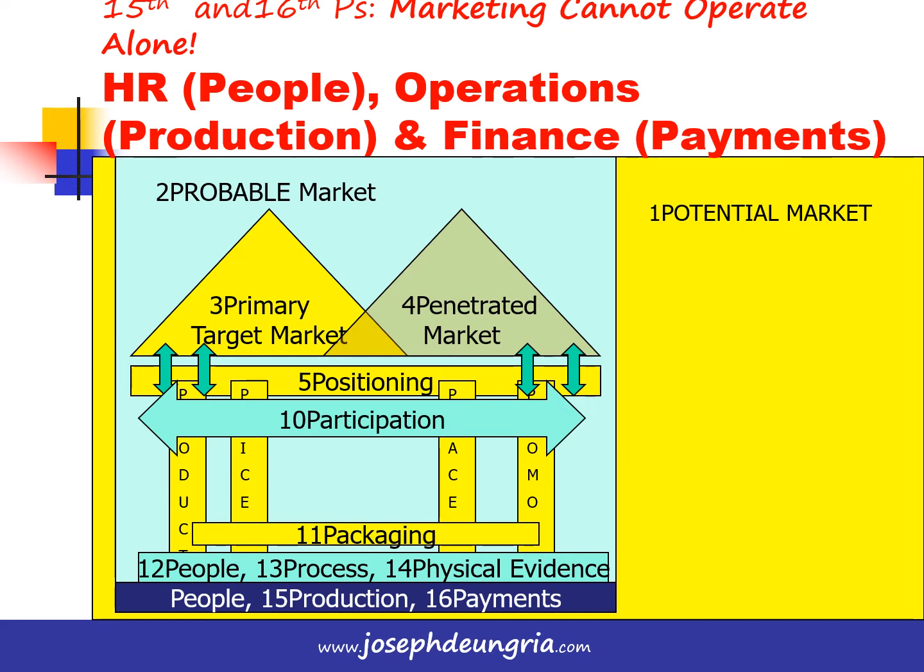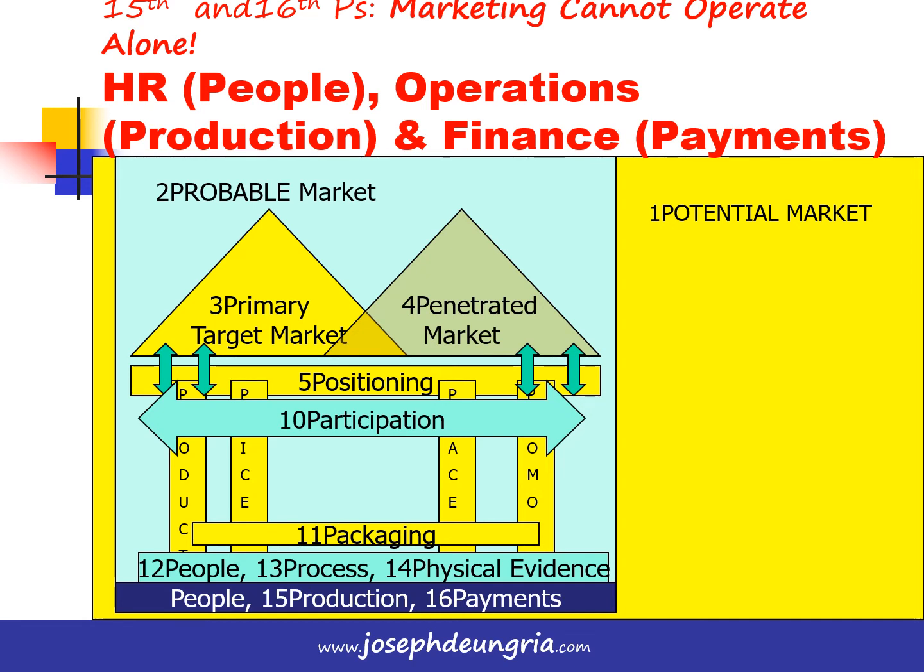Now, marketing cannot operate alone. So aside from the 3 extended marketing mix we see here, we have people, production, and payments. As analogy to the other core business functions of HR, operations, and finance. Pinilit na P. So para maging P siya, because we still need the other core functions to support the marketing process.